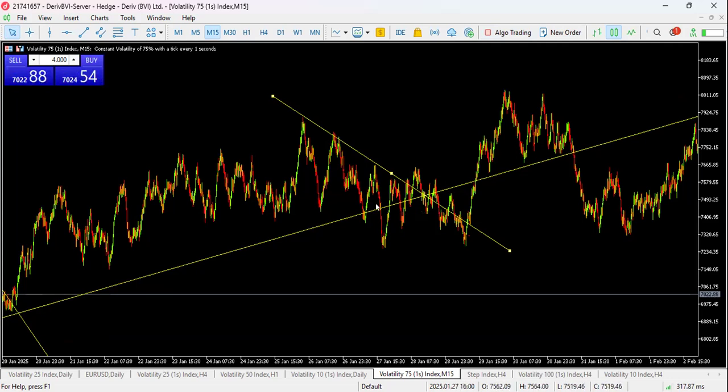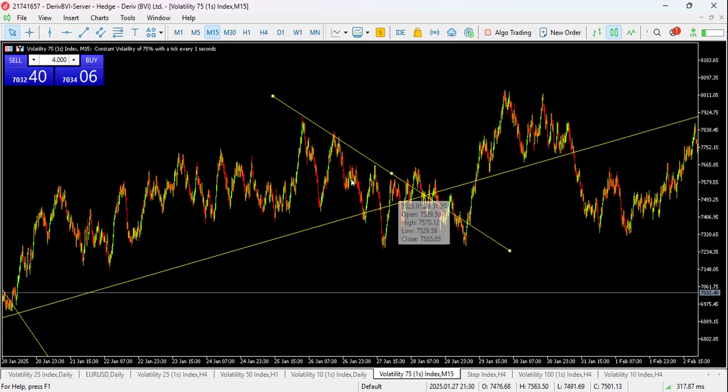So instead of buying here, it pays, but it's very hot. It can give you a fake breakout. Once you have identified a trend, you don't buy just because price has touched this trend line, because it can give you a fake breakout.